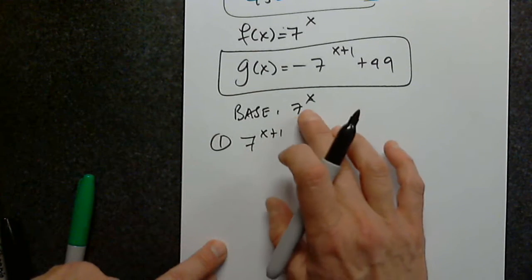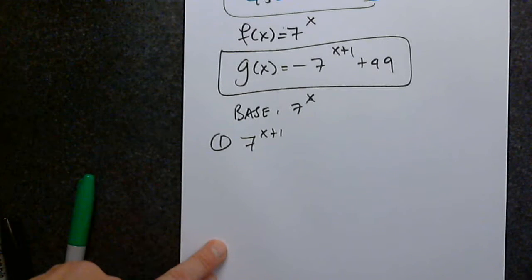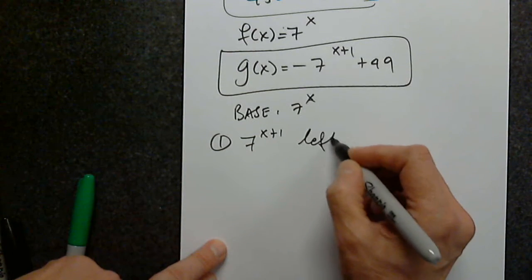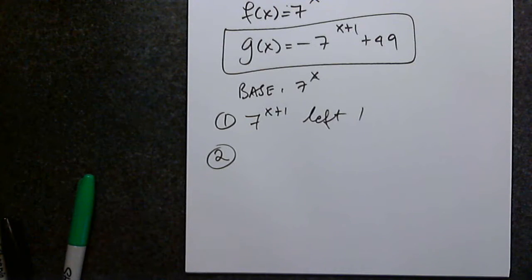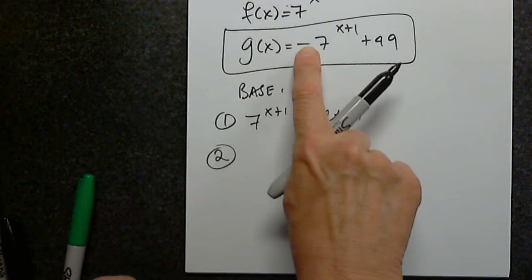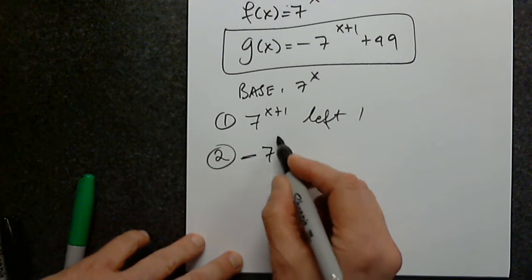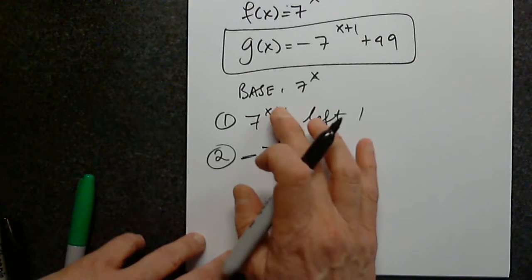What does this do to this function? Awesome. Thank you. Left one. Step number 2. What do I need to do now? Not there yet. -1. Yes, multiply by -1. Negative this. What does this do to this?